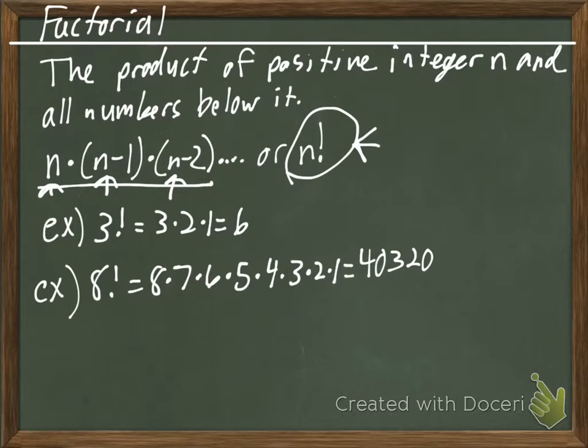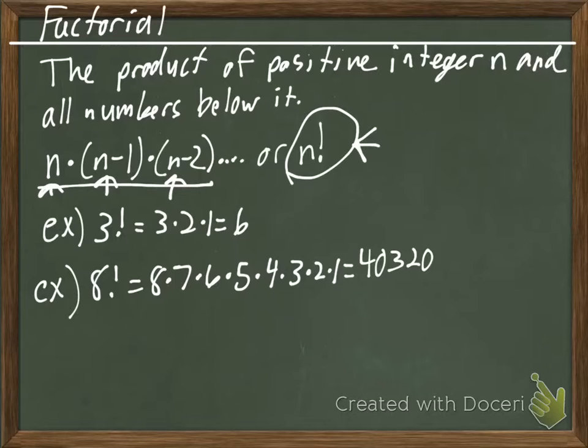So a couple examples we have here. This is 3 factorial, and then we see the breakdown of what that means. It means we take the 3, and then we do 3 minus 1, which is 2, and then that number minus 1, which is 1, and then we multiply those together, so we do 3 times 2 times 1 to get 6.